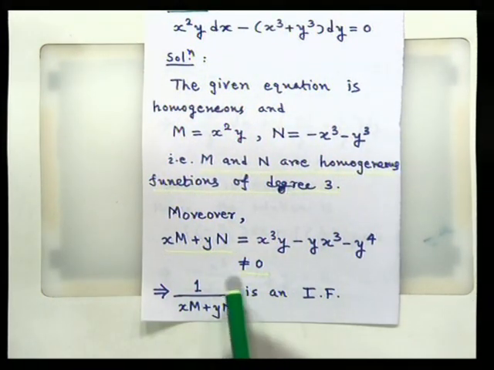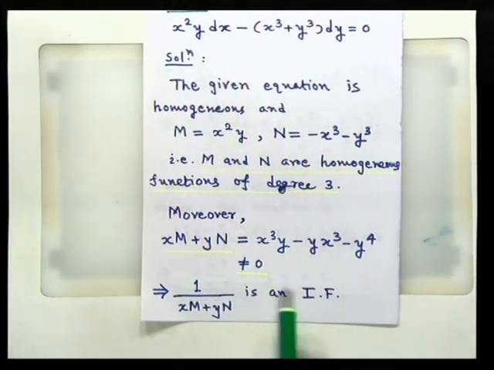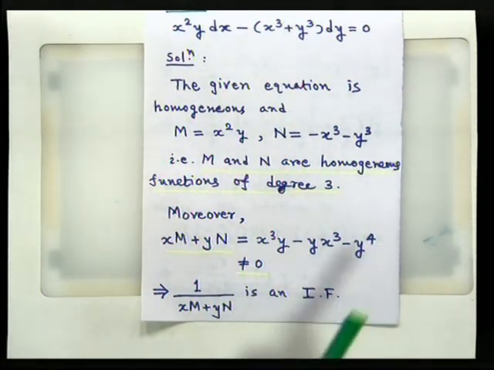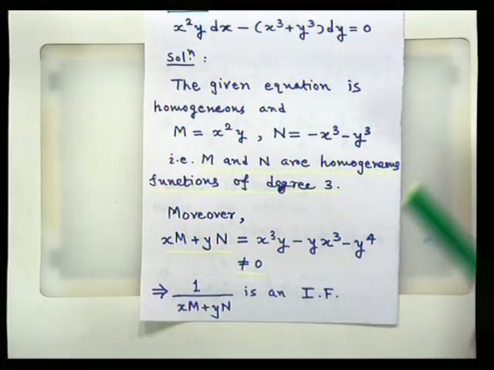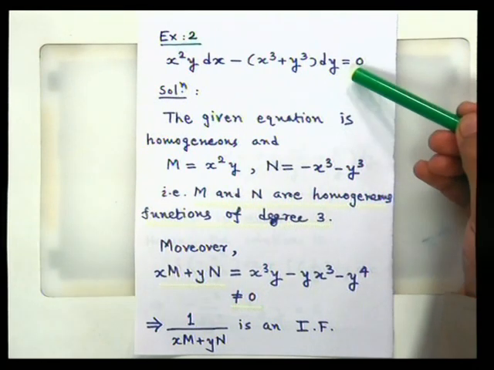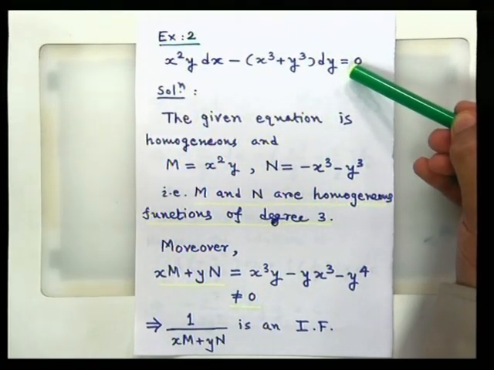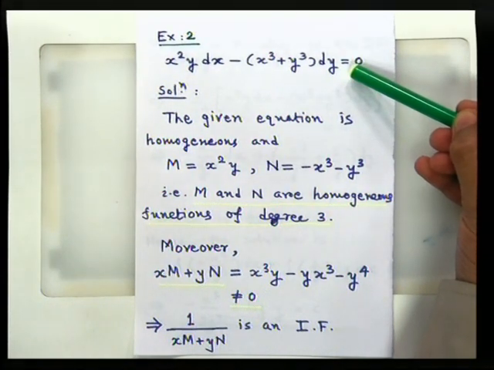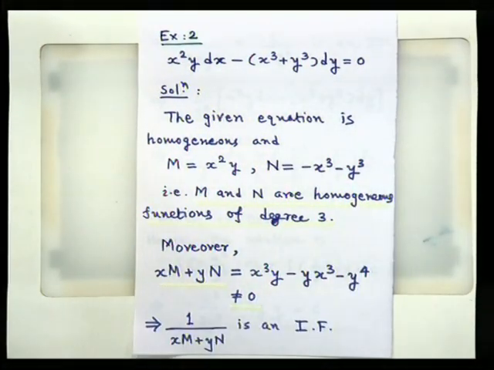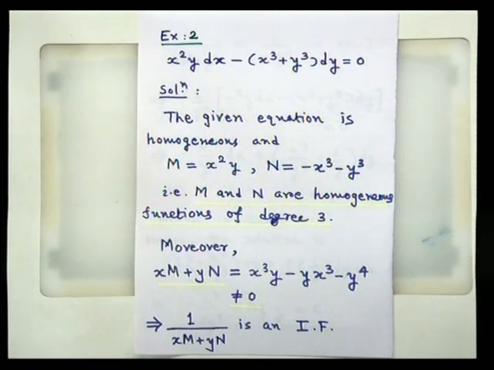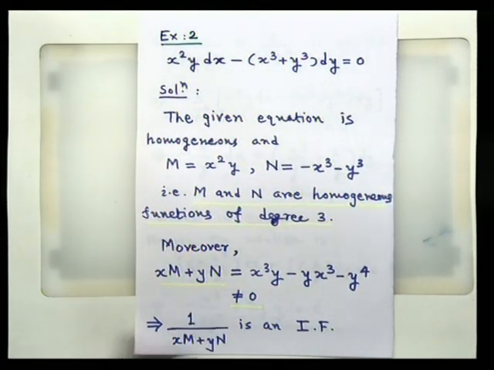We multiply this equation by minus 1 upon y raised to 4, and it will become exact, and then by the formula for the solution of an exact differential equation, we will give its solution.